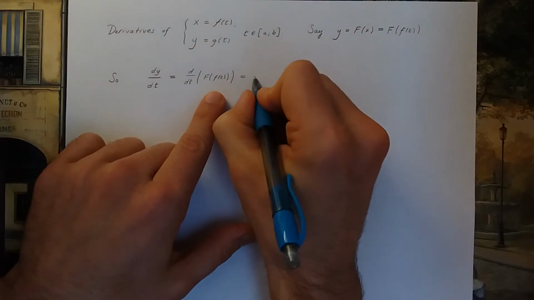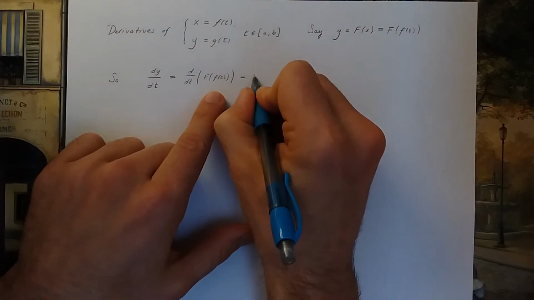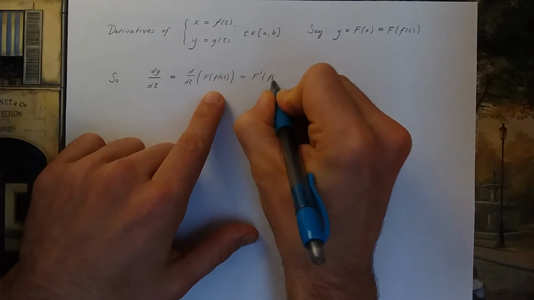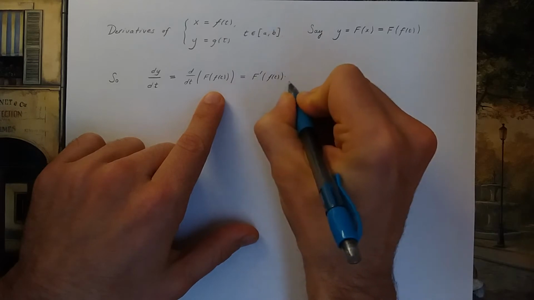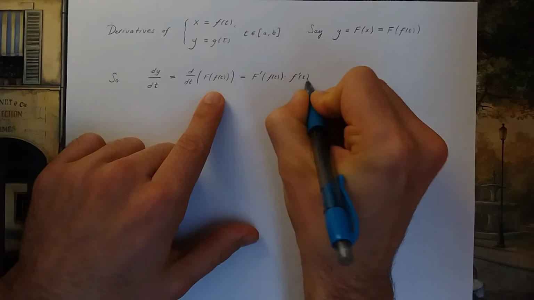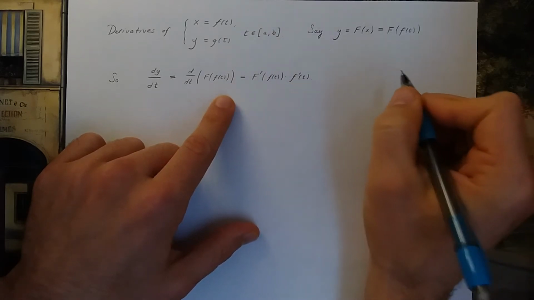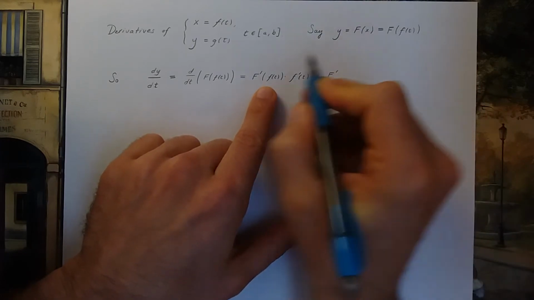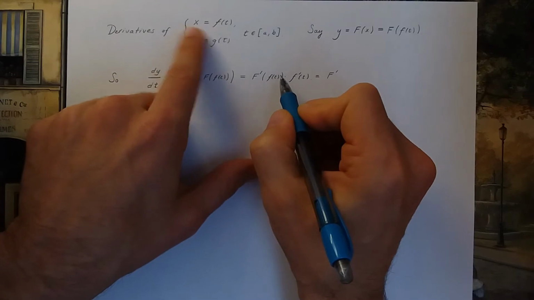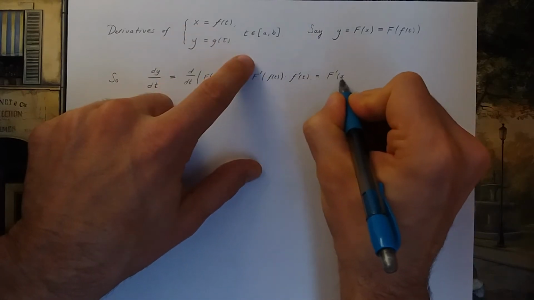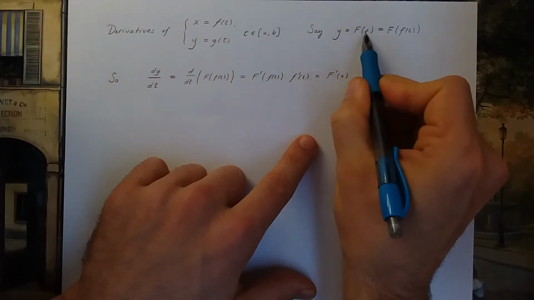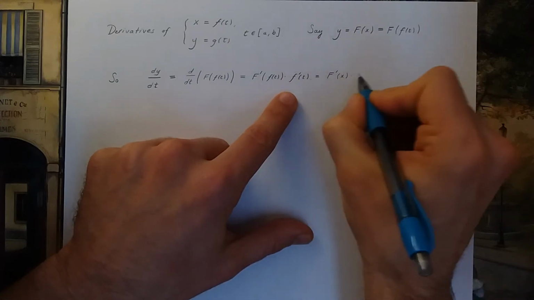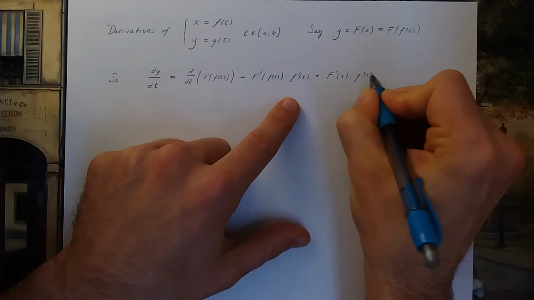Now I use the chain rule, so I get F prime of f of t times the derivative of little f, chain rule. Now, rewriting this a little bit, little f of t, that's my x, so I get F prime of x, that's y prime with respect to x, times f prime of t with respect to t.